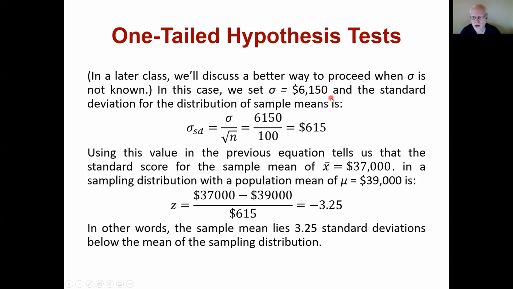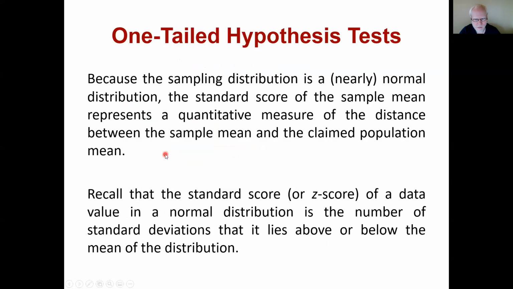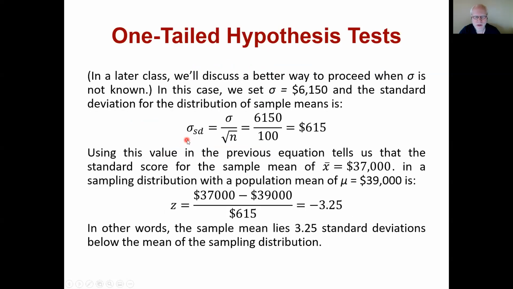What we saw last time is that if you know the population standard deviation and the sample size, you can find the standard deviation for the sampling distribution. That's simply the population standard deviation divided by the root of the sample size. So 6,150 divided by, oops, that should be root 100.